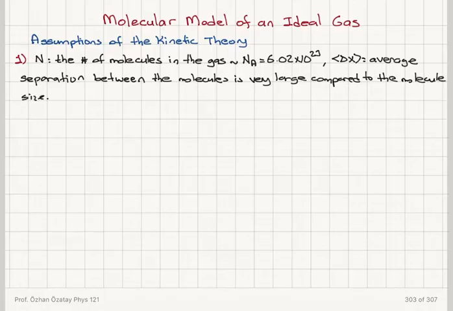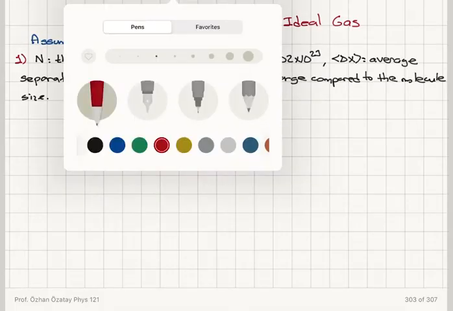So basically this is saying you have lots and lots of molecules, and the molecules are point-like particles, and they have quite a large distance between them.